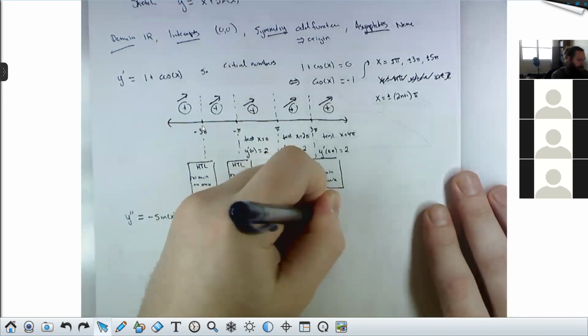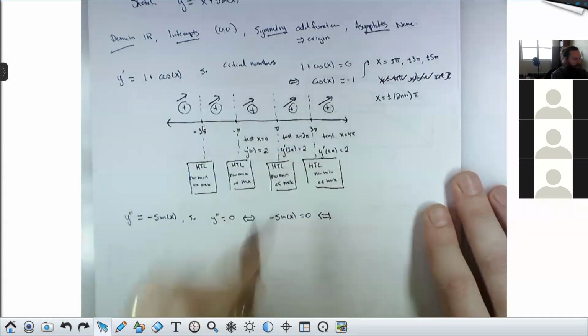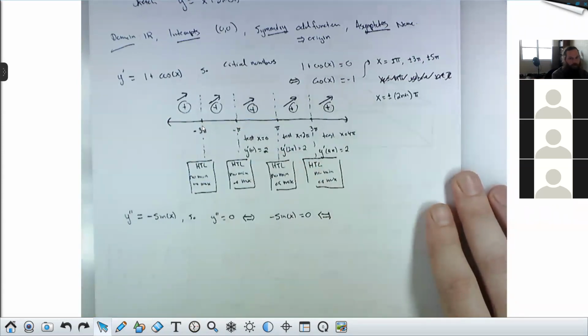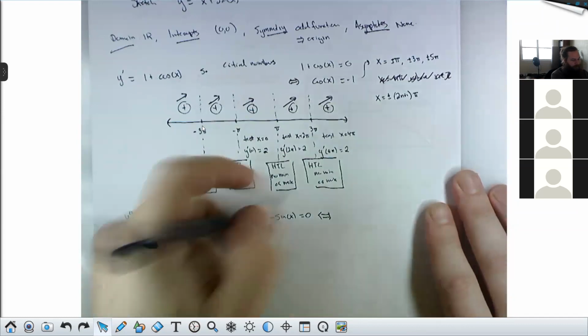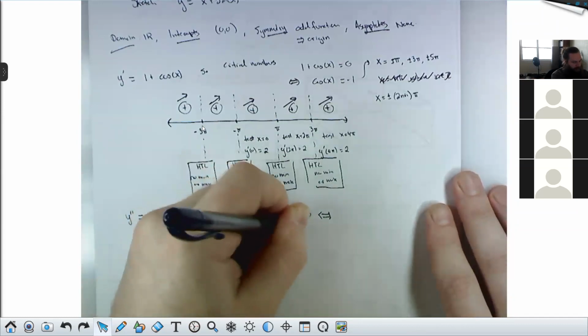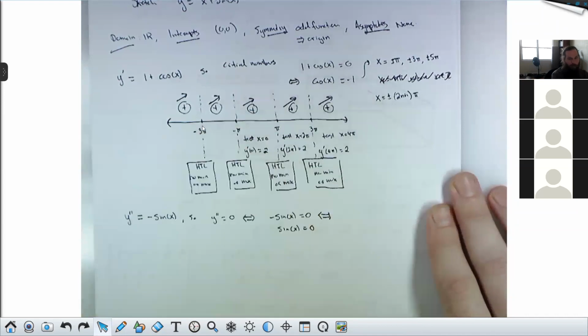And this happens where? What are all the solutions to negative sine x equals 0? The same as just saying sine x equals 0, right? So where is the sine function equal to 0?